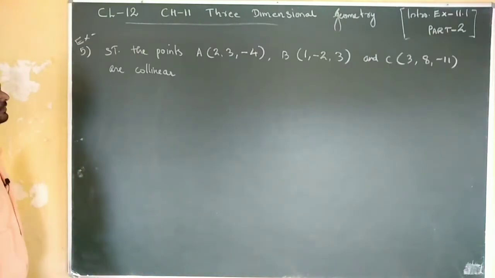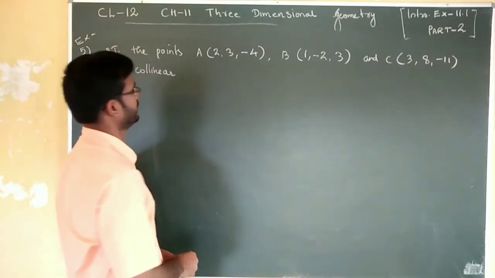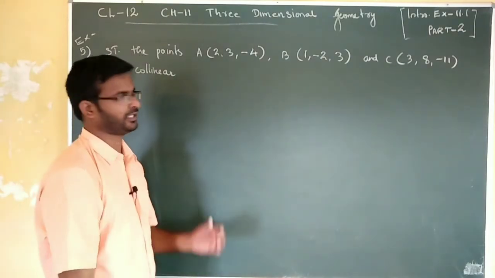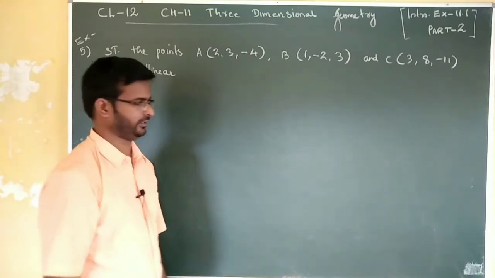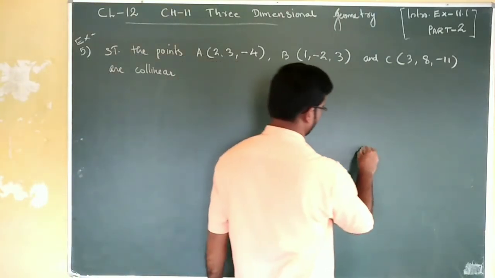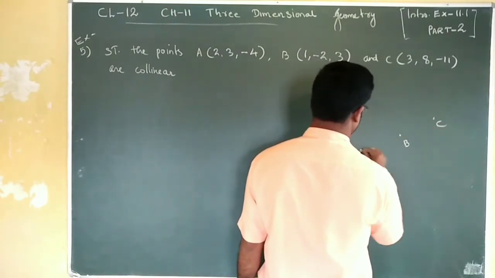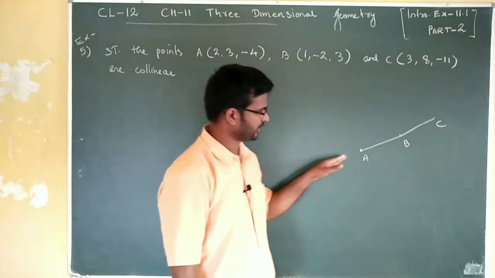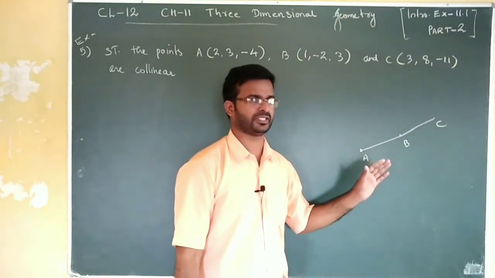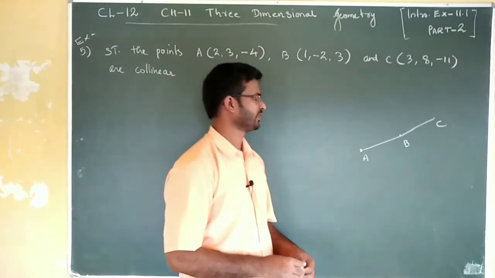Example number 5: show that the points A, B and C are collinear. Here 3 points are given, and we have to show that they are collinear. Collinear means that if we join the 3 points A, B, C, we get one straight line, so we can say A, B, C are collinear points.